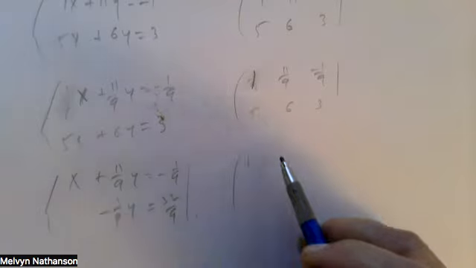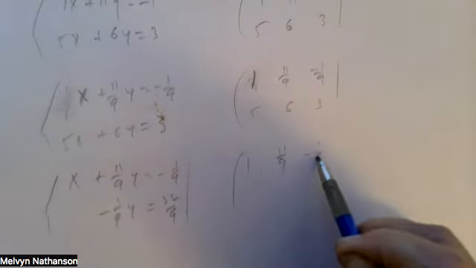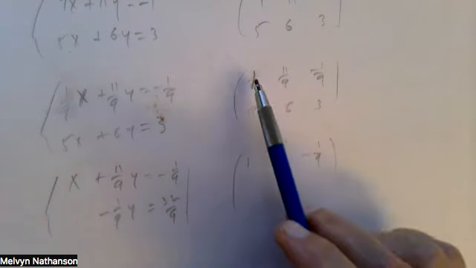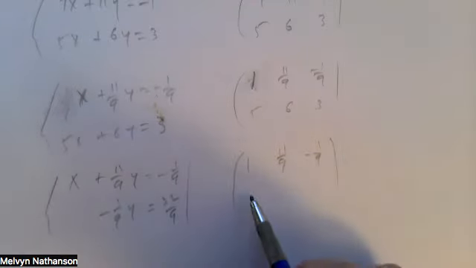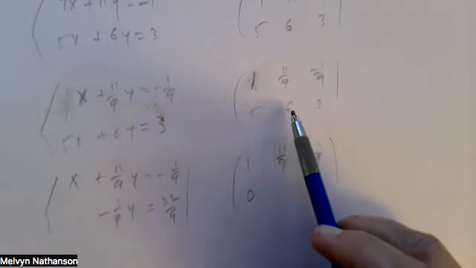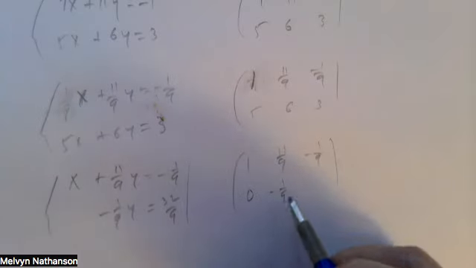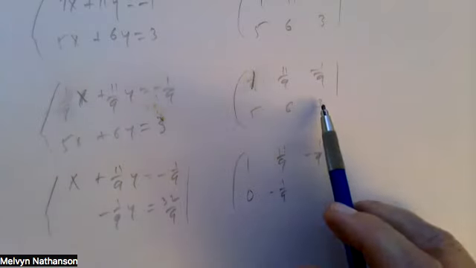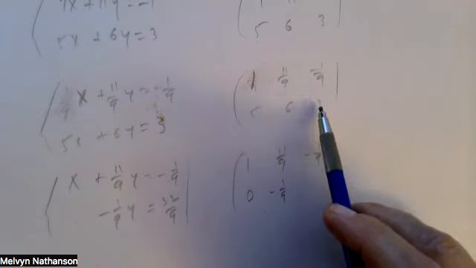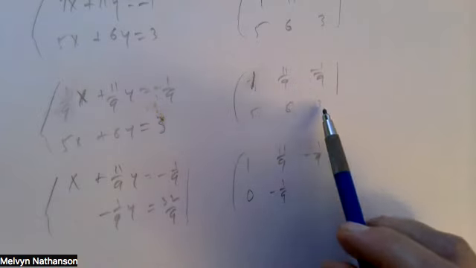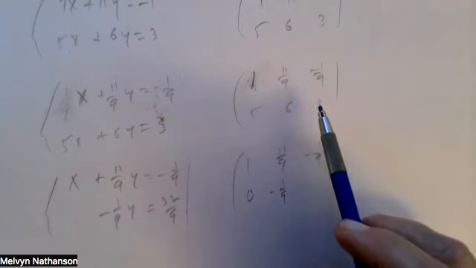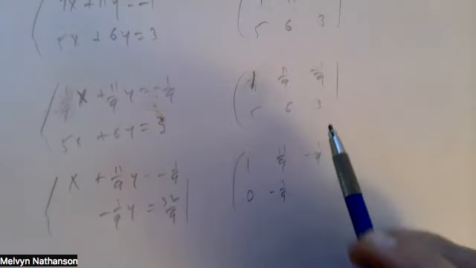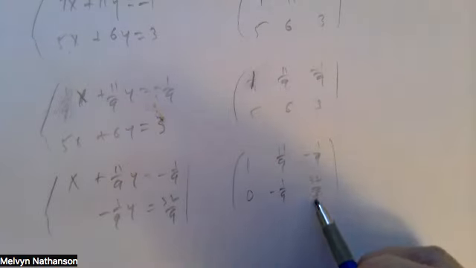What happens here, I have the first row, and then I add minus 5 times the first row to the second, or the second row minus 5 times the first. 5 minus 5 is 0. 54 minus 55 is minus 1 over 9. 27 minus 27 over 9, oops, oh, 5 over 9 is 27 plus 5 is 32 over 9.